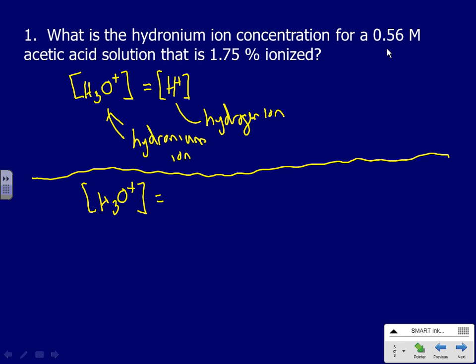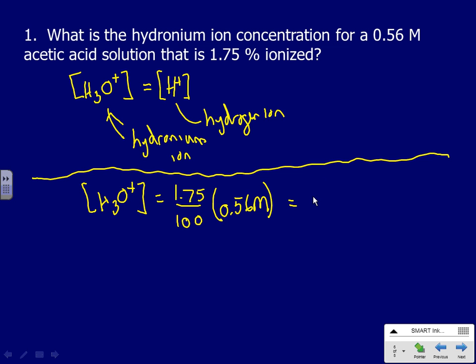This is really a simple percentage math problem, because 1.75% of the H's fell off of this thing. So I can easily get that by expressing my percentage as a decimal, or just dividing it by 100. 1.75 divided by 100, 1.75% of 0.56 molar, and that's going to get me the amount of H3O plus.